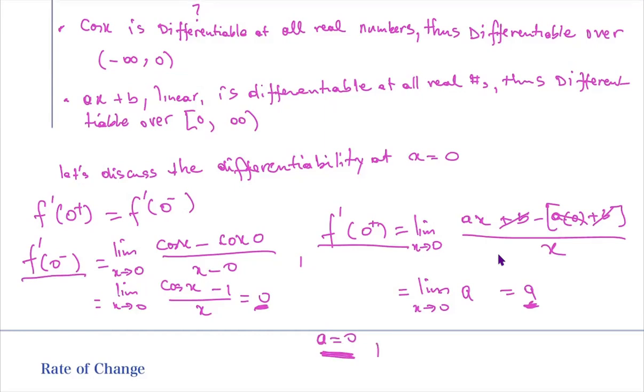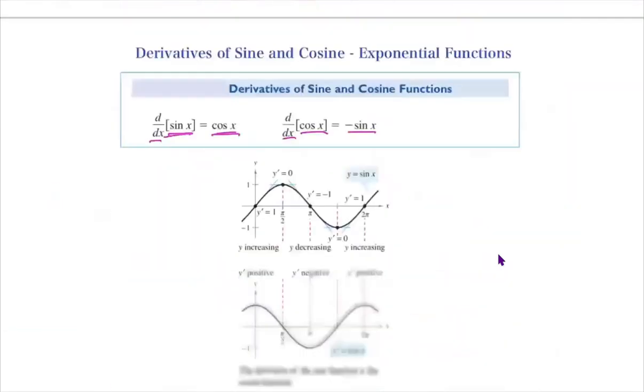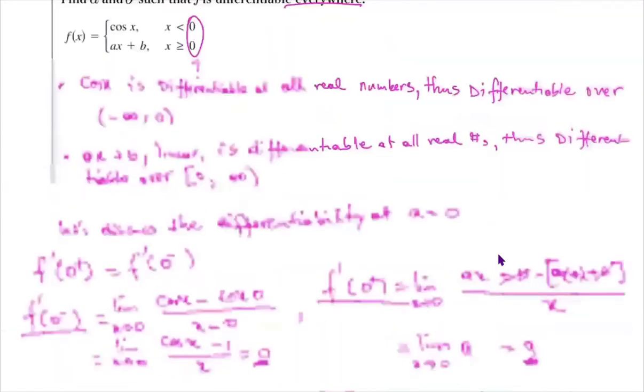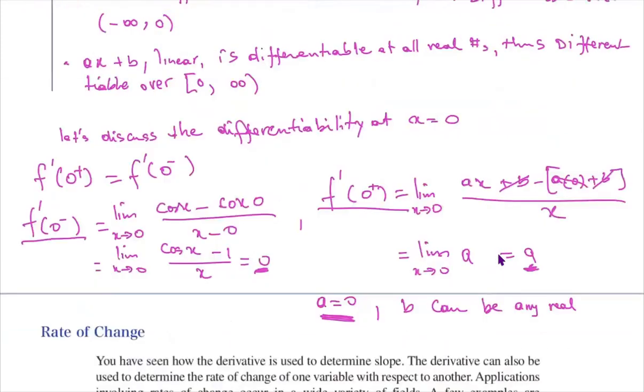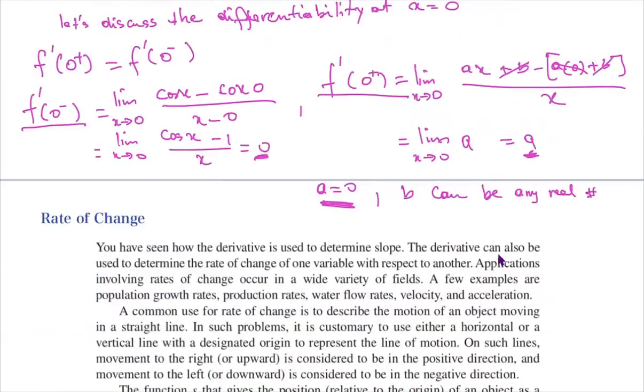And that makes b can be any real number.